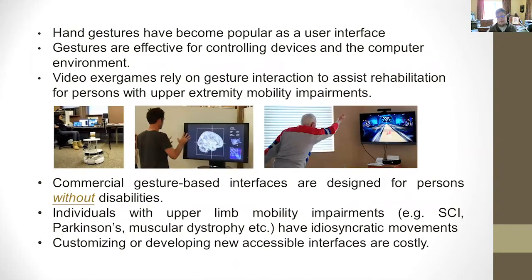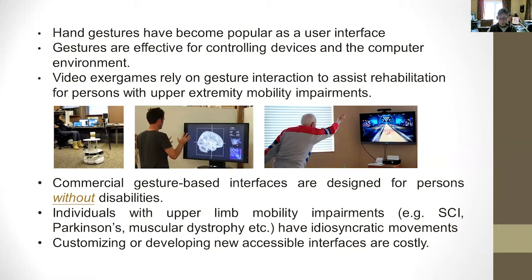To give an example of how we incorporated machine learning principles as an assistive technology is the use of hand gesture recognition. It's becoming a popular method of controlling devices or interacting with the computer environment, also as a way of rehabilitative therapy through video exercise. This is something that we've been very interested in.